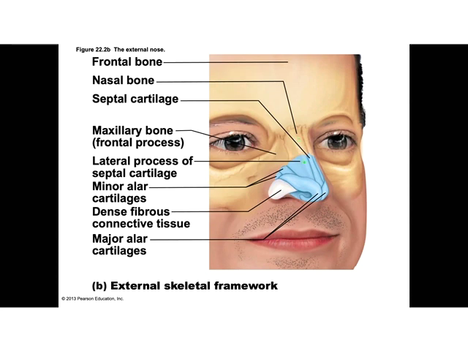You've got cartilage that makes up the apex and a lot of the bridge of the nose, okay? Portions of it are dense, fibrous connective tissue. Other portions are elastic cartilage, okay? And this provides the familiar shape of the nose that we've come to know, right?